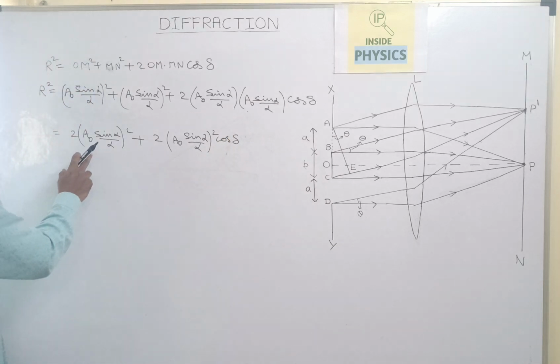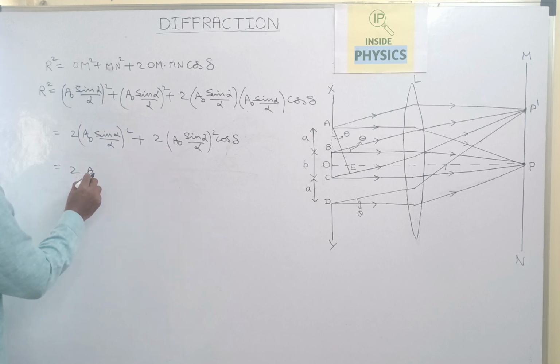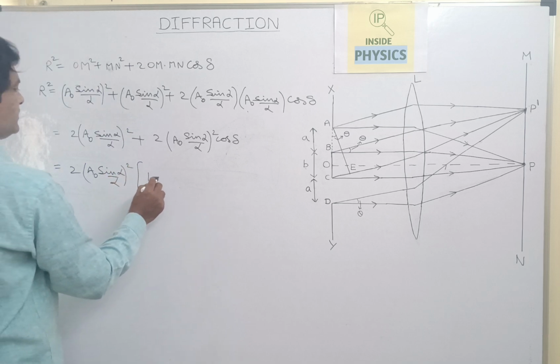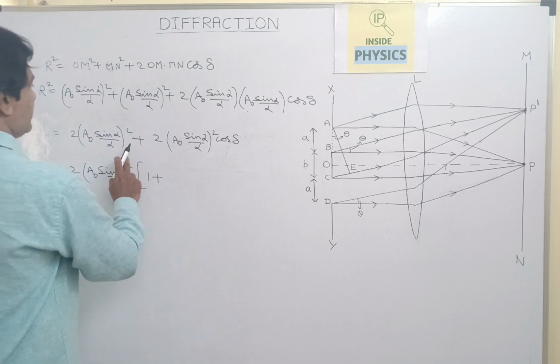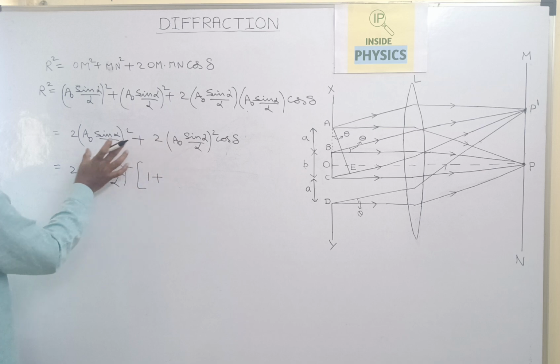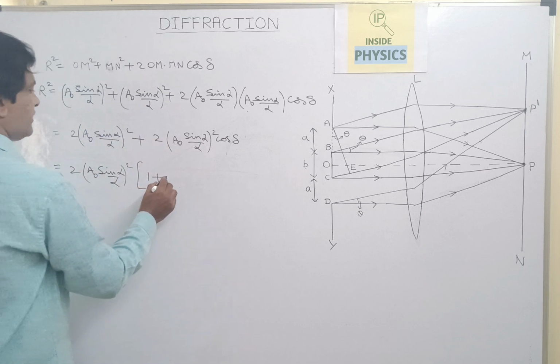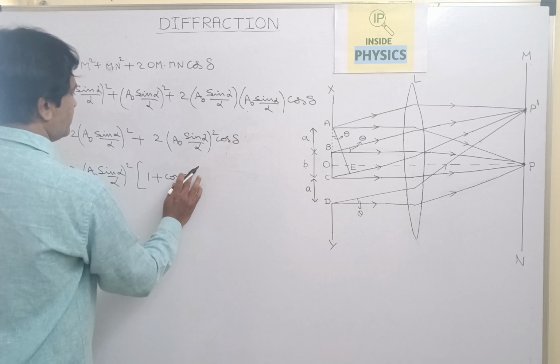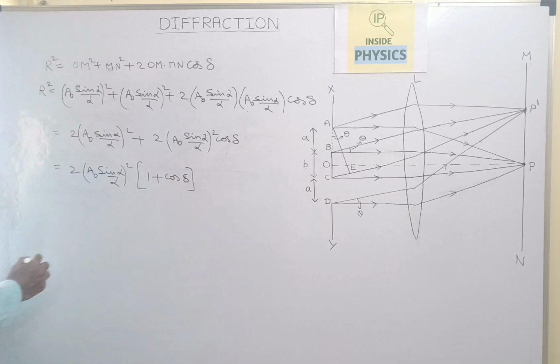If you take the common factor from these two, A naught sin alpha by alpha whole square, then this can be written as 1 plus cos delta. Okay, we can write it in this way.